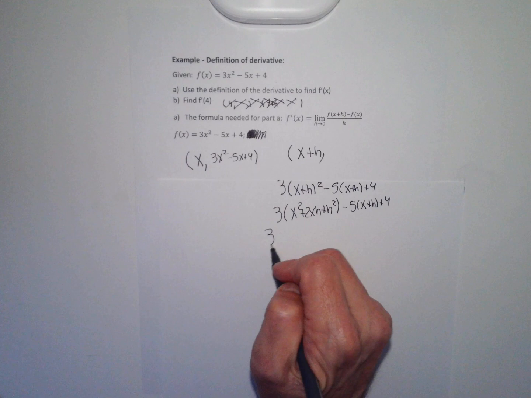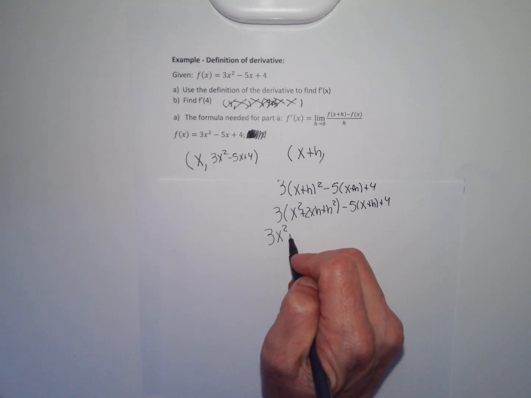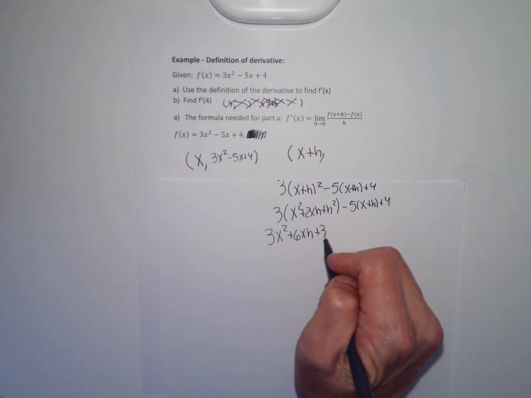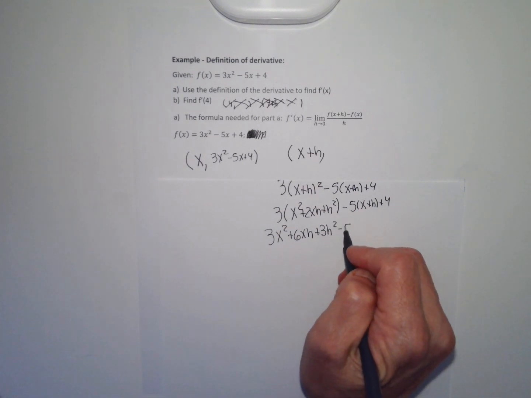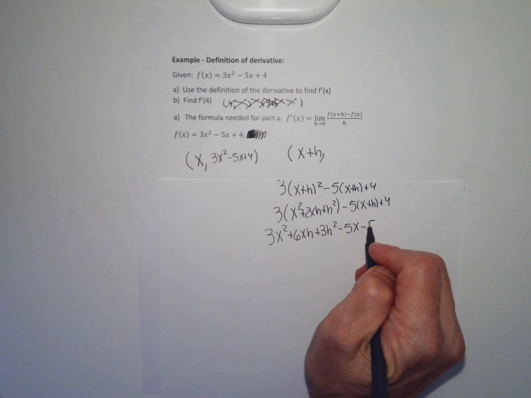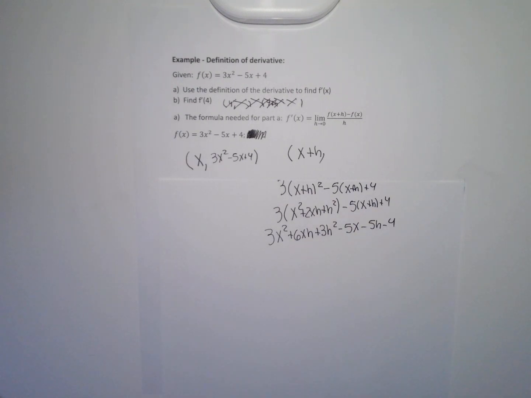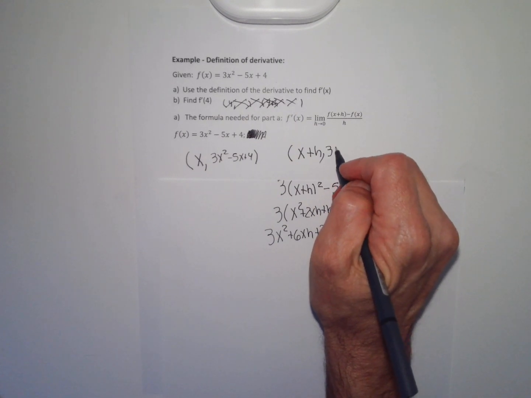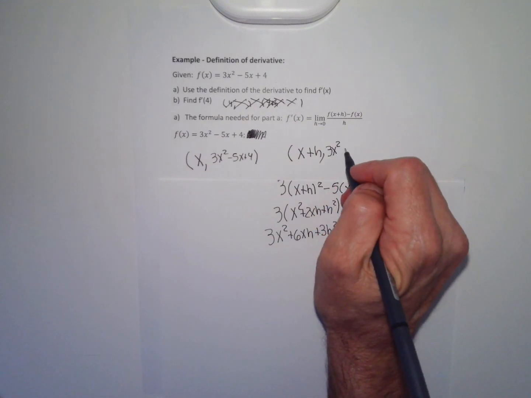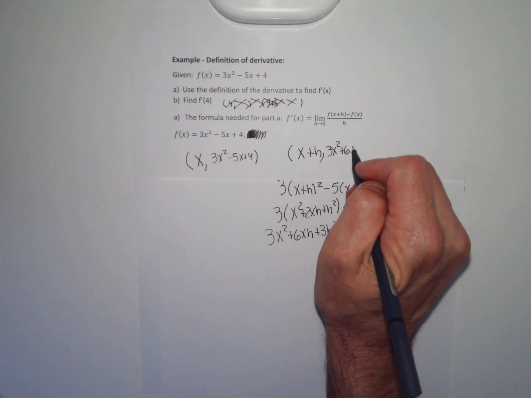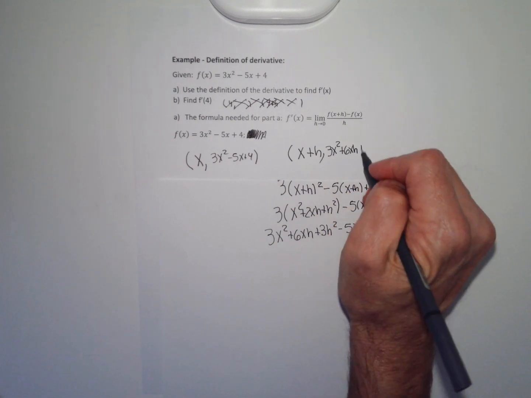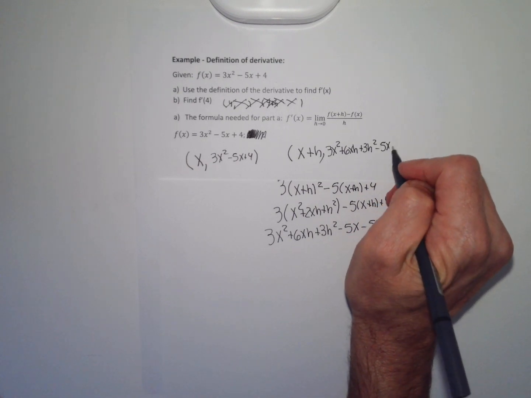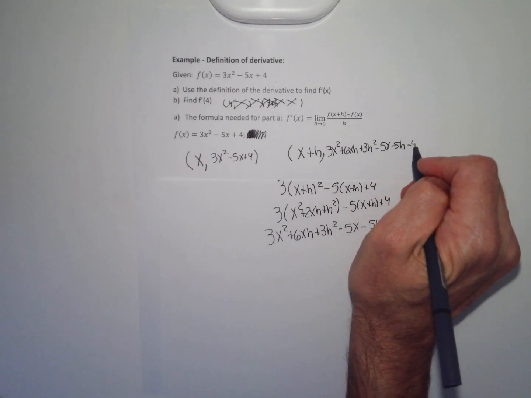It's going to be 3x squared plus 6xh plus 3h squared minus 5x minus 5h plus 4. No like terms, which is really unfortunate. So my second point, its y-coordinate is 3x squared plus 6xh plus 3h squared minus 5x minus 5h plus 4.